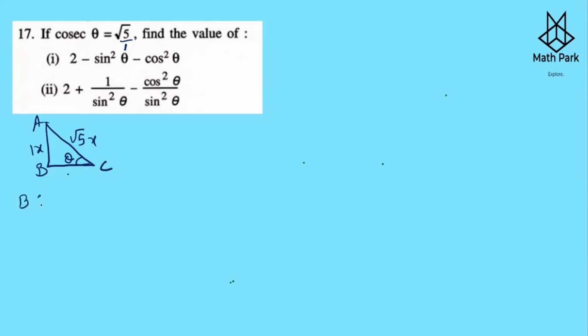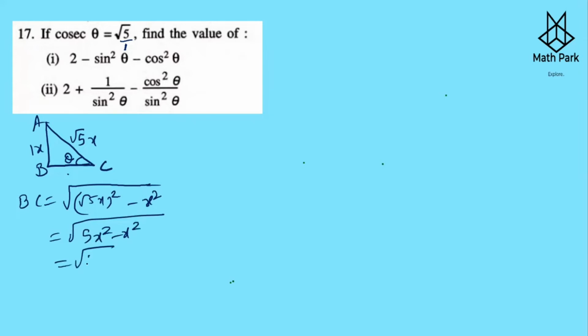Okay, so you get BC is equal to the square root of root 5x whole square minus 1x whole square, which is x square. So which we get as 5x square minus x square, which is root 4x square, that is 2x. So we got this as 2x.